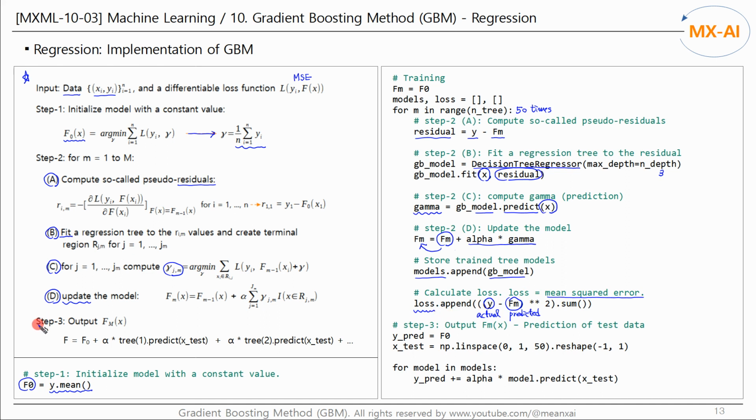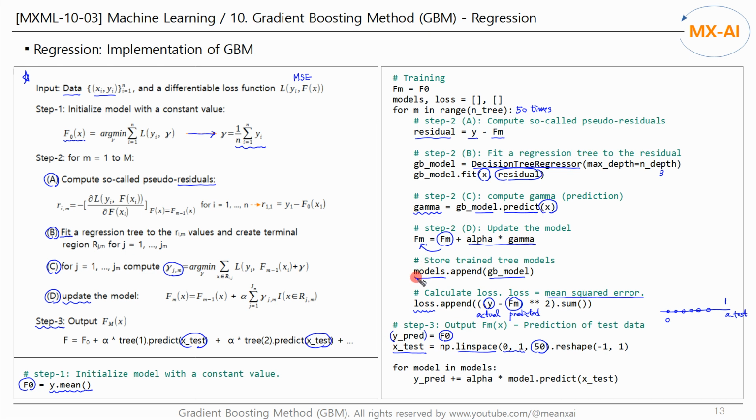Step 3 is the prediction process. In this way we predict the target y value of the test data. We generate 50 test data points sequentially, ranging from 0 to 1. The test data, x-test, is like this. The initial prediction of this test data is set to f0, which is the initial prediction of the training data.